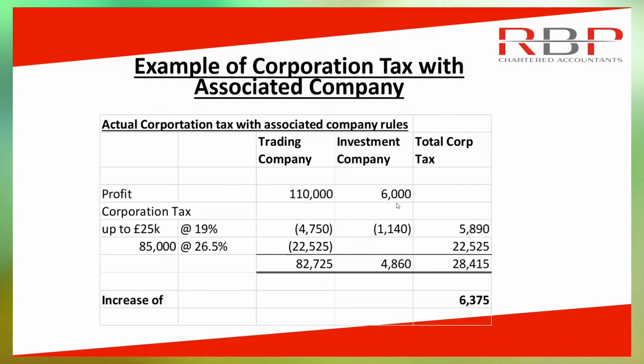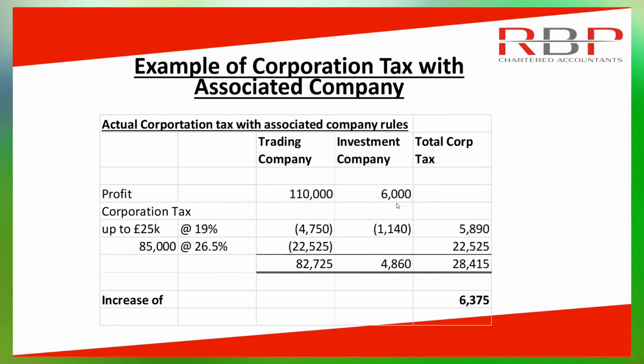It's 25,000 for the investment company, 25,000 for the trading company. Obviously, if these two companies were earning, I don't know, 100,000 in each, it's not so much of an issue. It's an issue where one of your companies has a smaller amount of profit. It means you're potentially losing some of that 19% tax threshold band.